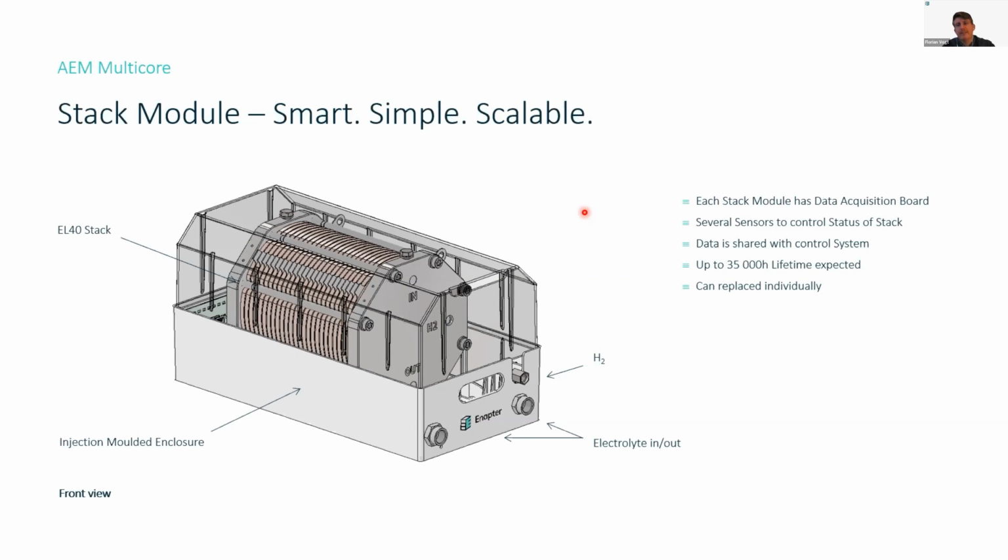So basically, if a stack is broken, then the string will shut off automatically because we check the status of our stack modules with the sensors inside. So if a stack is broken, we will separate the string from the rest of the balance of plant and from the rest of the electrolyzer. Then you can maintain it easily. You can replace a single stack module very easily, and then you can start the system again.